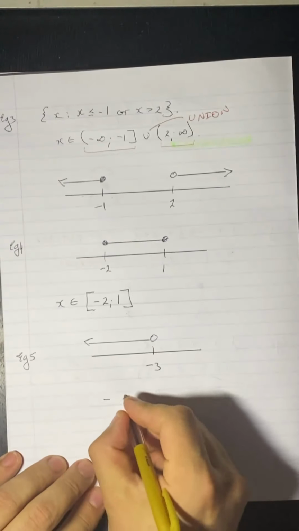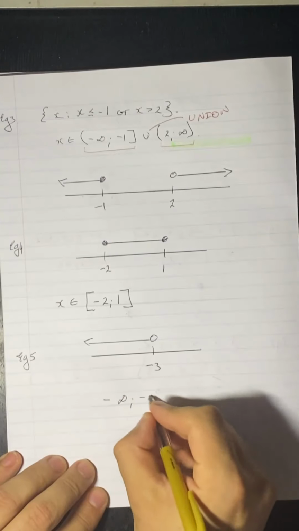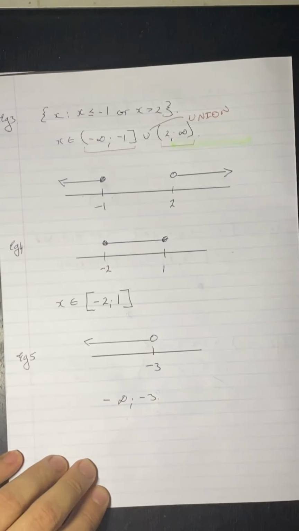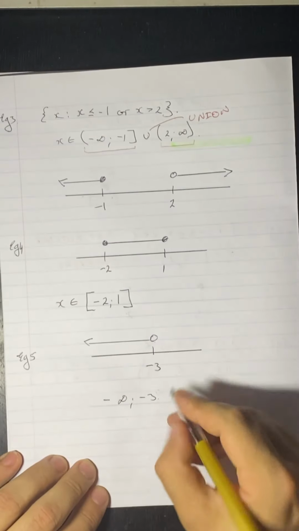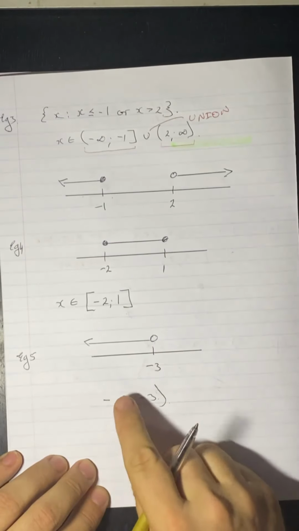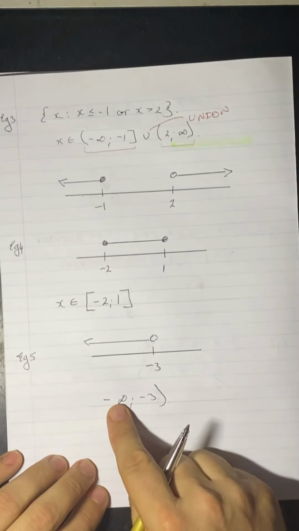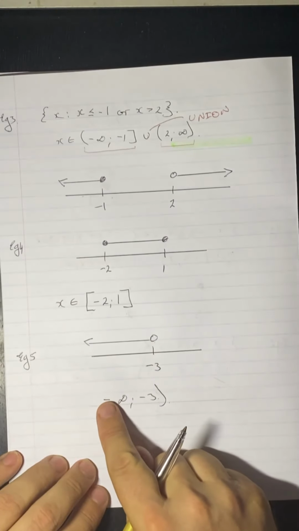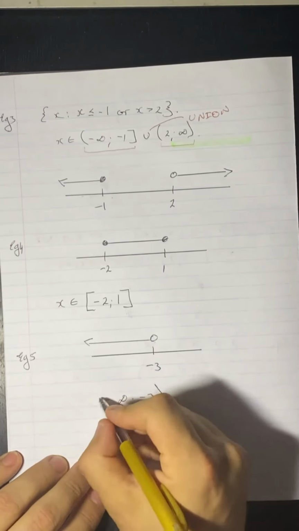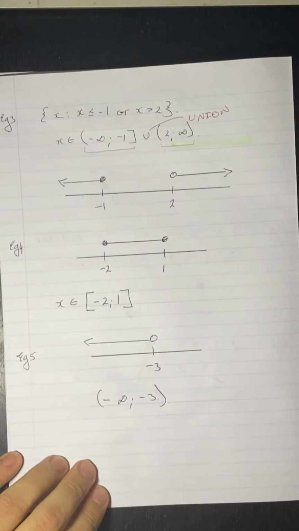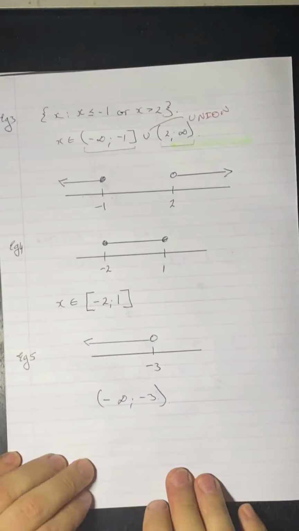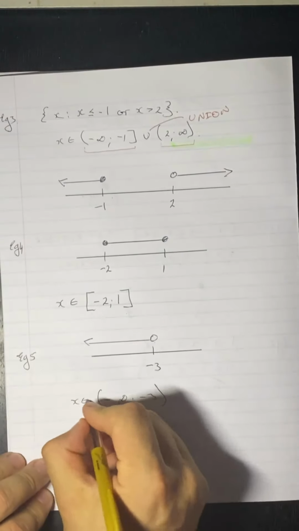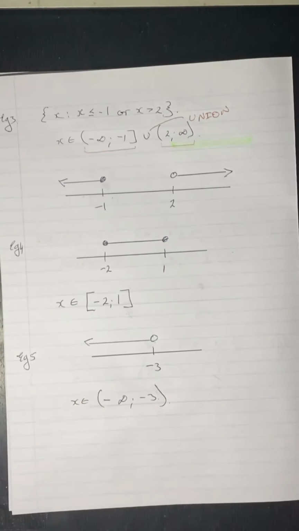So I put down my two limits. -3 has an open dot. Open dot means round bracket. As I explained on the previous page, infinity or negative infinity always gets a round bracket, as it is not a number. For interval notation, just remember to add in your x as an element on the front, and there is the solution for that number line.